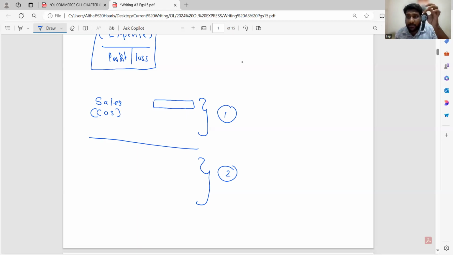There is a cost. Cost of watches. A cost එක අඩු කරන්න. So here we are getting a profit. But that's not the final profit of the business. We will call it gross profits.